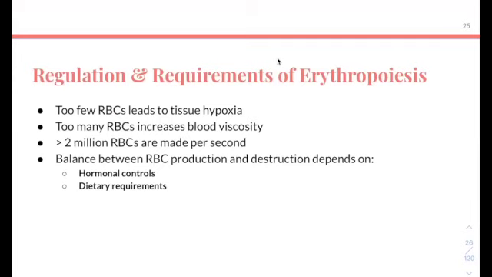Our body is constantly making new red blood cells and constantly getting rid of old red blood cells. We make over 2 million red blood cells every second. That's a lot. But of course our body likes to stay in homeostasis, where it has a balance, and hormones help control that to make sure we're not making too many or not enough red blood cells.